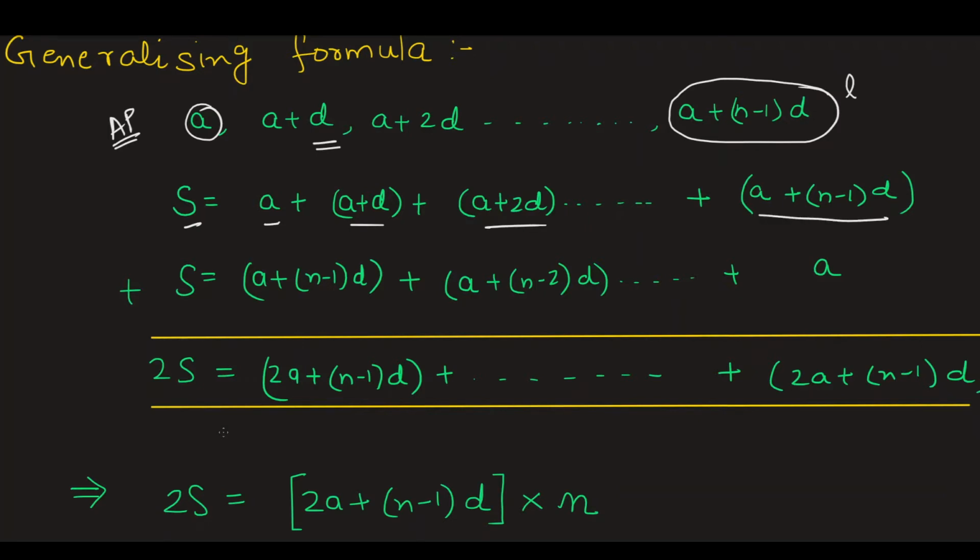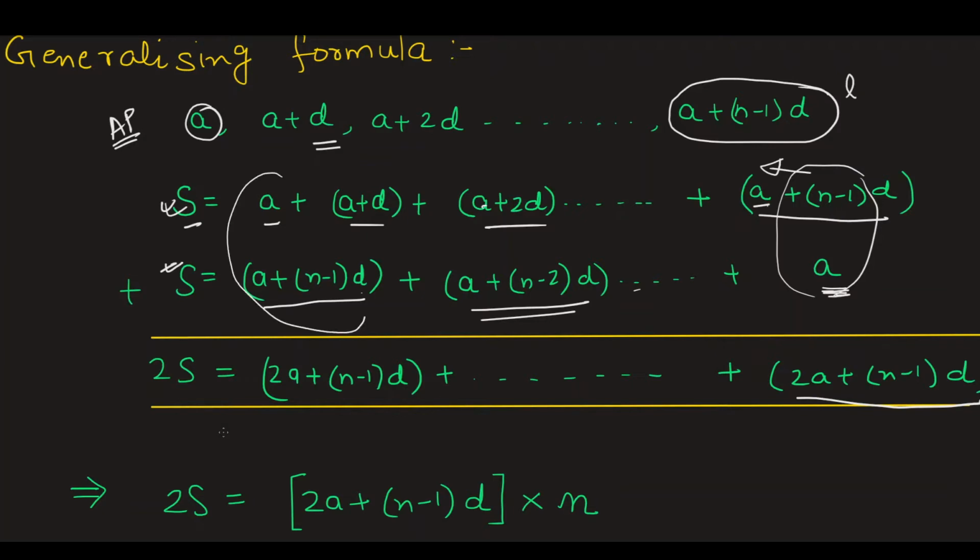Then reverse the order of this AP, the sum would remain S. Then the last term would come first, A plus n minus 1 D, then the second last term would be there, and so on up to the first term of this AP. Now pair the last two together, we will get A plus A, 2A plus n minus 1 into D, and we will be pairing this together.